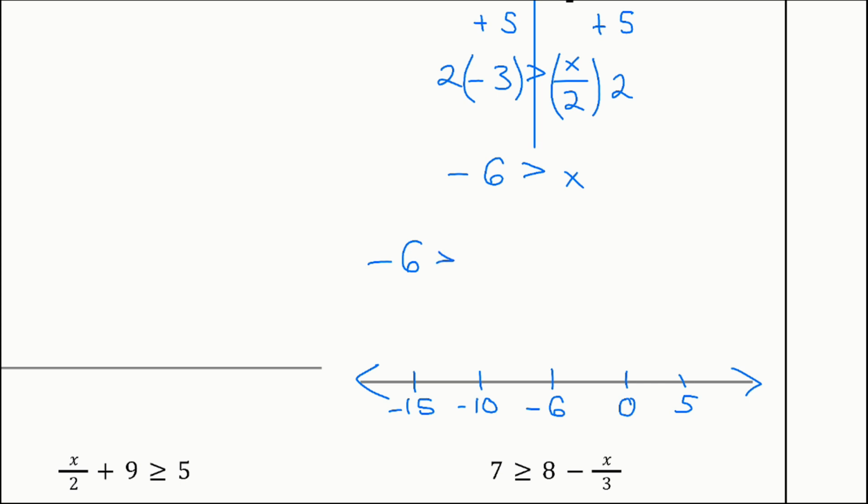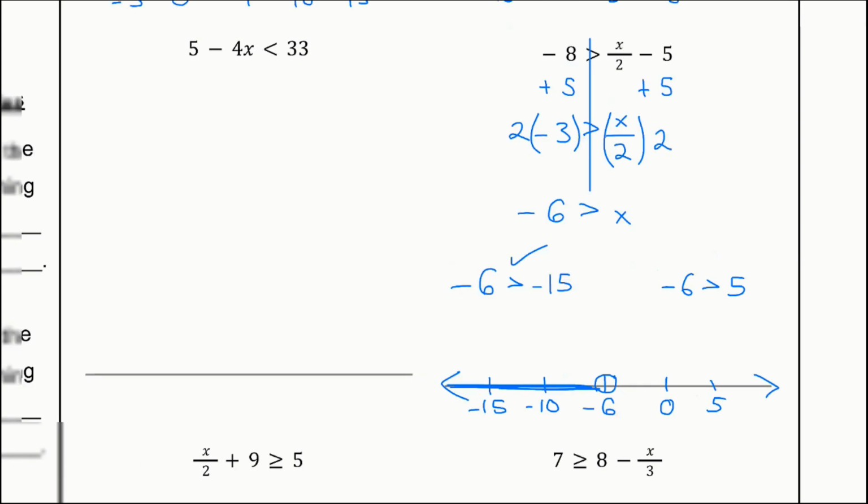Negative 6 is either greater than negative 15 or negative 6 is greater than 5. Which one is true? Again, for a similar reason to the previous one, negative 6 is closer to the positives. So we're going to shade in that direction. And since this is negative 6 is greater than x, let me put an open dot there and shade this way. Okay, that's what we've got.